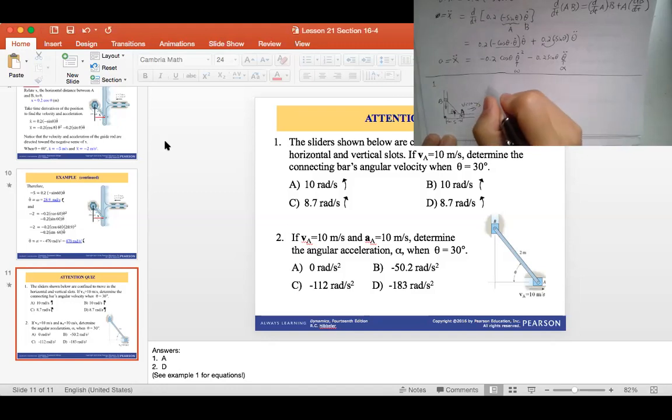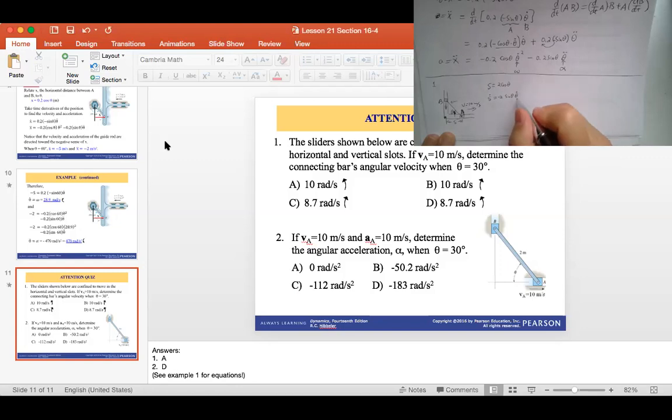All right, so we are going to write S in terms of theta. This is 2 meters for the length of AB, A to B. So it's going to be S equals 2 cosine theta. So this is the relationship between S and theta. And then we are going to take the time derivative of this relationship. S dot equals 2 cosine theta; the derivative becomes negative sine, so you put a negative sign in front, and then theta dot because you are applying the chain rule here.